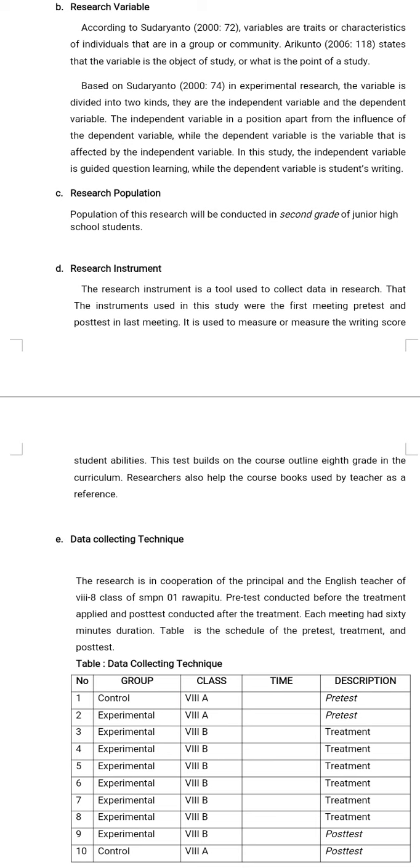The independent variable is in a position apart from the influence of the dependent variable, while the dependent variable is the variable that is affected by the independent variable. In this study, the independent variable is guided question learning, while the dependent variable is students' writing.